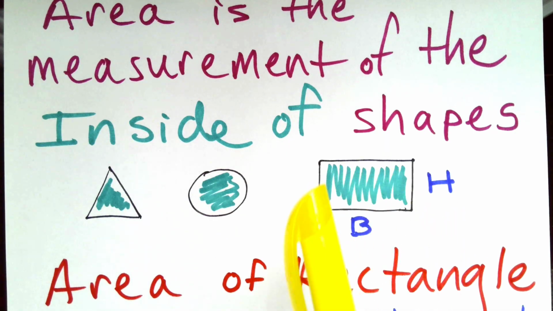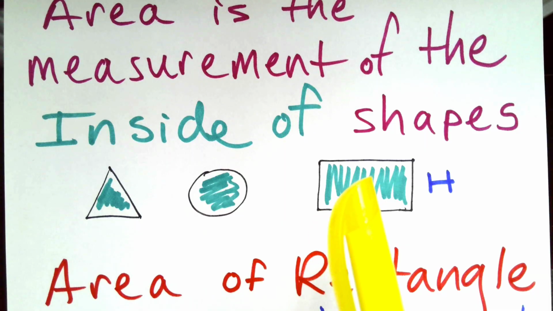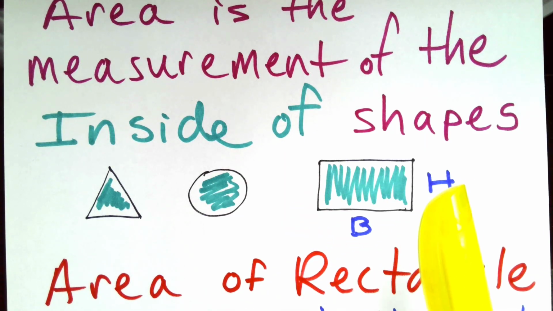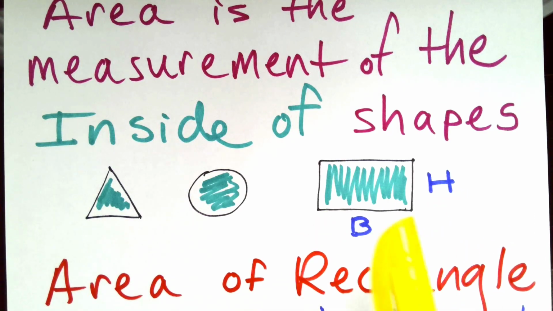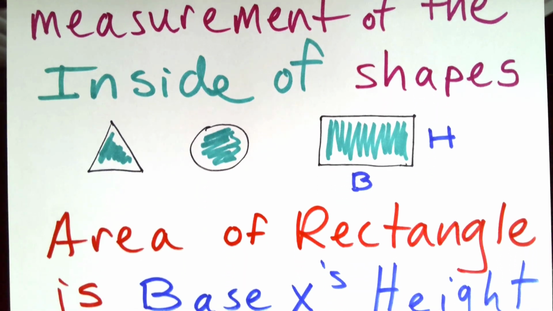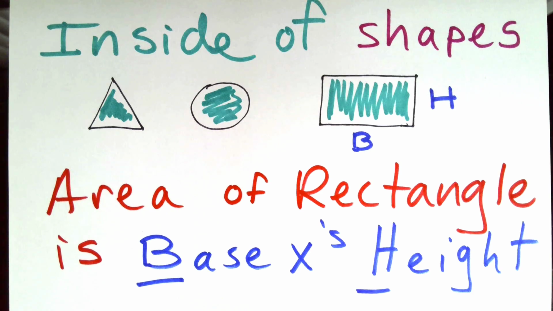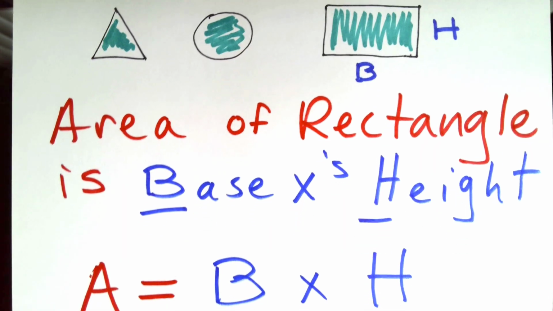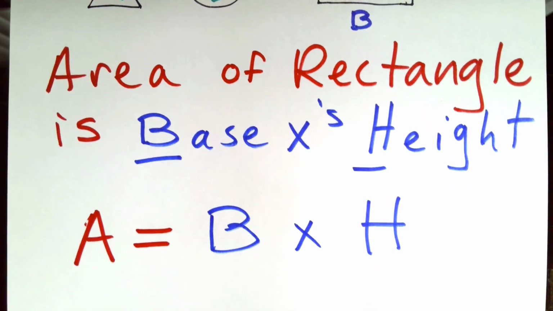But basically, when you find the area of a rectangle, which is what we're doing here, it's base times height, or length times width. I always use base times height. I keep it simple for myself. I need to keep things simple, step by step. So here you can see again, the area of a rectangle is your base times your height, your B times your H. You can see this here as well.